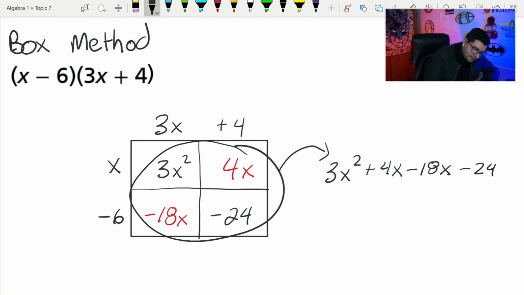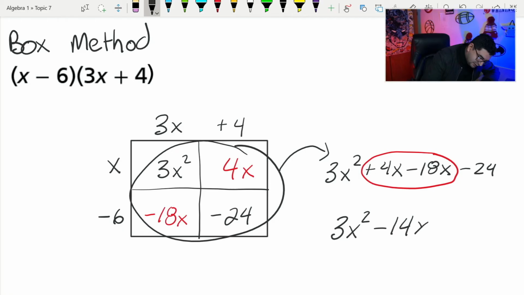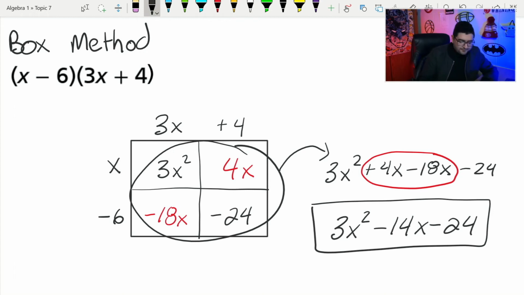Now I can also combine these two in the middle, similar to the last problem. These are like terms now. So combining those two, I get 3x squared, that would turn into a negative 14x minus 24. And that would be my answer.